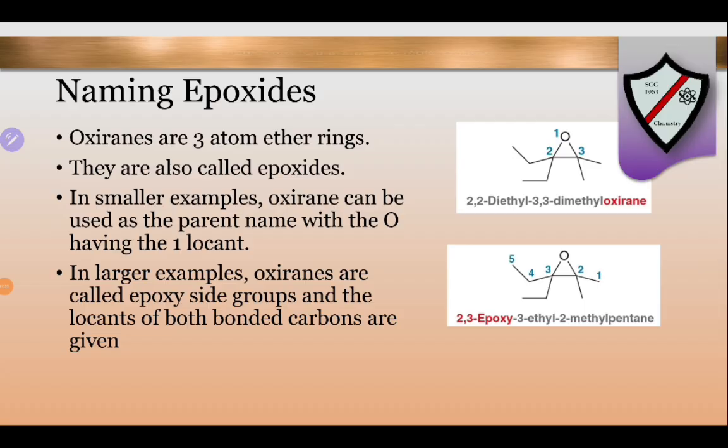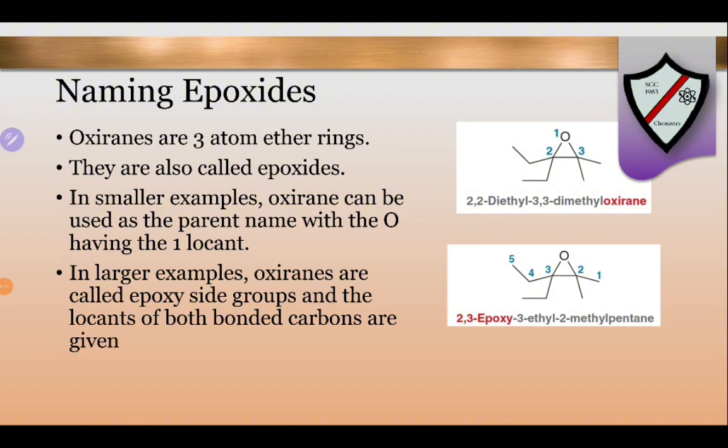In larger molecules, when there's a much better choice for a parent chain, say a long alkyl chain or something like that, oxiranes are going to be named as epoxide side groups, and the locants of both bonded carbons need to be given. So you see the example here.